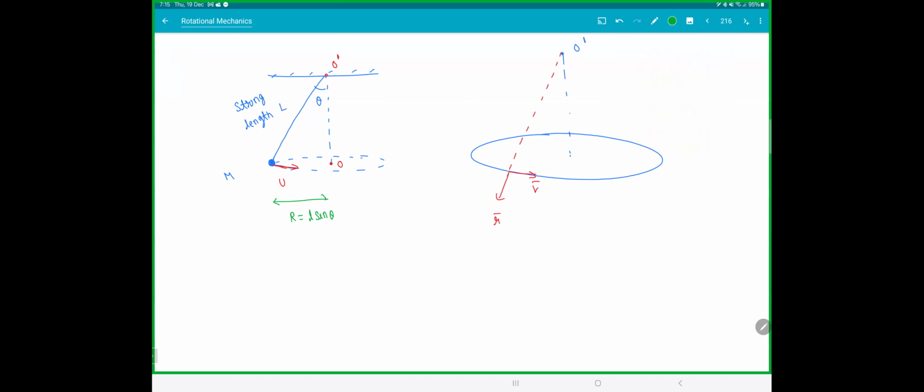You can clearly see this thing is going out like this. It's like a crown shape. It is out of the plane. This is your R bar. This is your V bar. This is your L bar. Meaning, if you look at the angular momentum, it kind of looks like this. Like a crown.